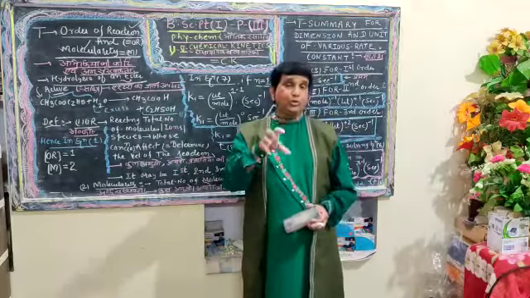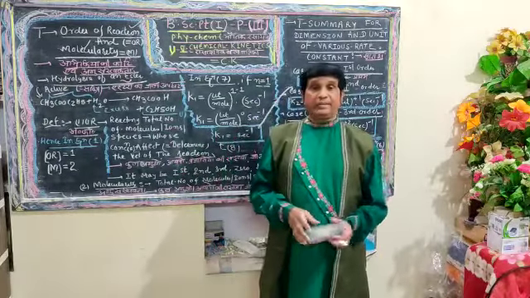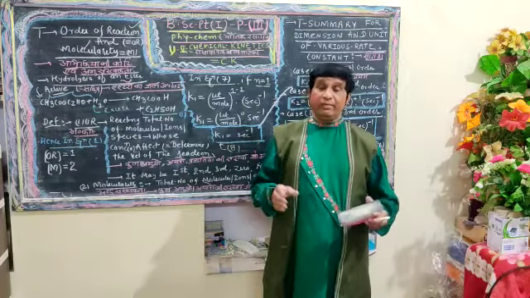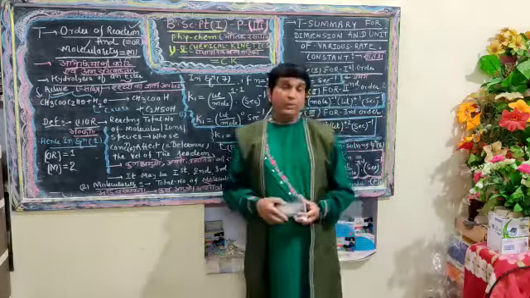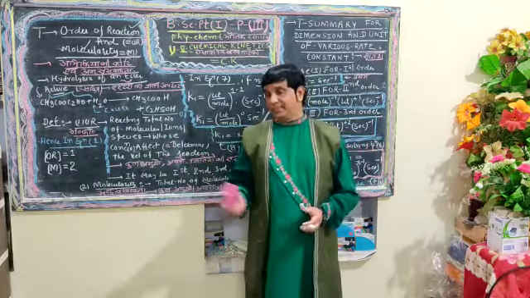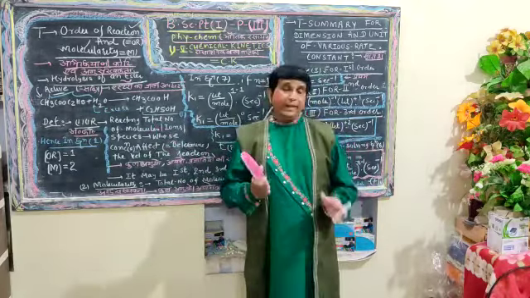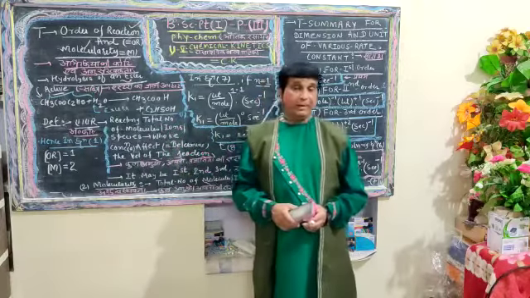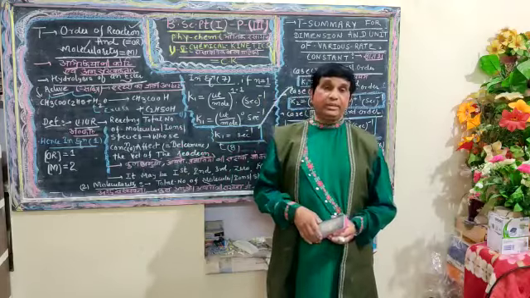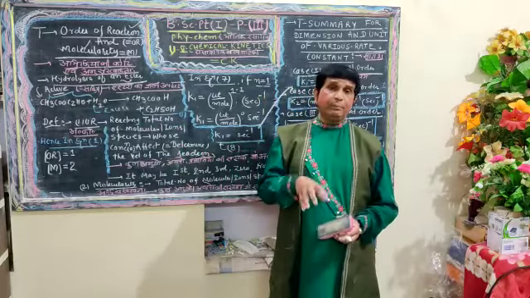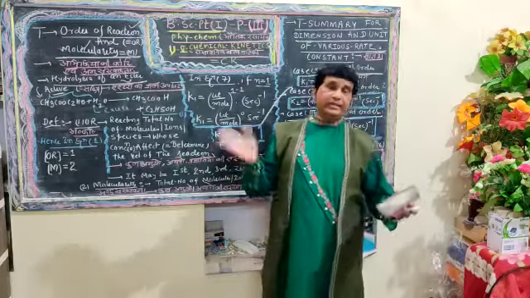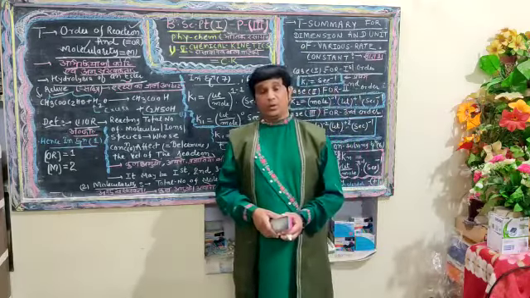Now let us try to understand what the order of the reaction is and what the total number of molecules, the molecularity, is for this reaction. It can be explained by the example I have mentioned on the blackboard. Let us try to search for active and inactive molecules. The sum of active and inactive molecules gives the value of molecularity.